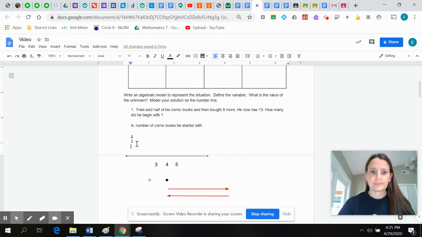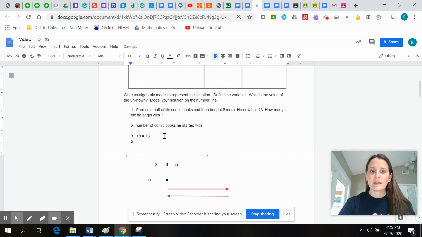And then what happened? Then he bought 8 more. So he's going to add 8 to his collection for a total of 13. Let me get rid of this underline. So there's our algebraic model: x divided by 2 plus 8 equals 13.